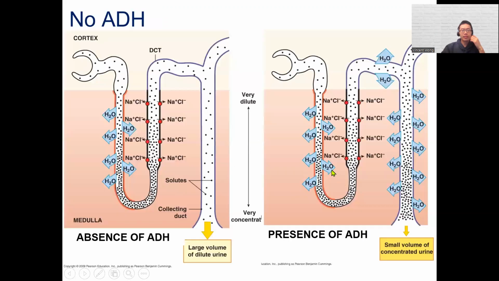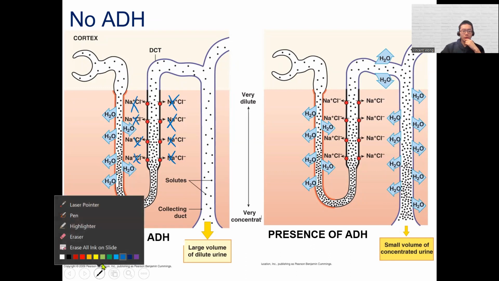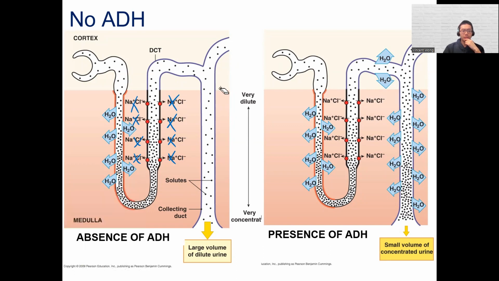So let's go back here and see. If you block all this sodium absorption in the loop of Henle, then your filtrate concentration here, instead of the dots getting further apart to represent lowering concentration, would be equally concentrated as before, because the drug is blocking sodium absorption. As they move on, it will continue to be like that.